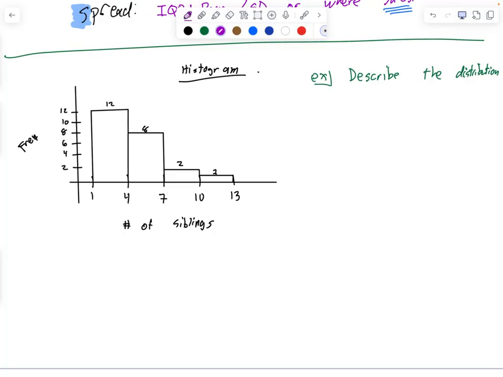All right, so let's do this. So, 1, what's the first thing that we need to describe? Shape. Before that. Context. So, the distribution of blank. Okay, so the distribution of what? What are we talking about here? Number of siblings in where?